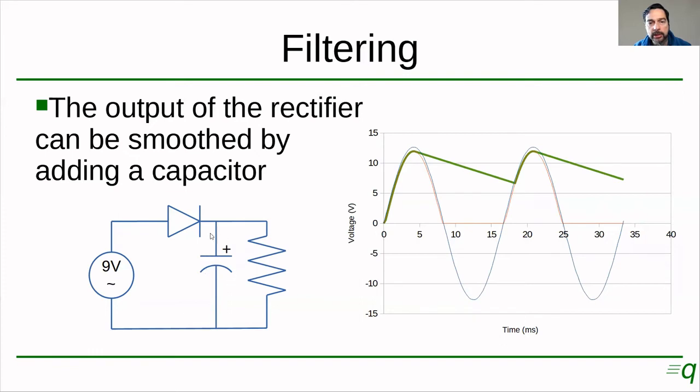And the capacitor is going to hold the voltage for a little bit. So the diode stops conducting at this point when the input voltage starts to go down.